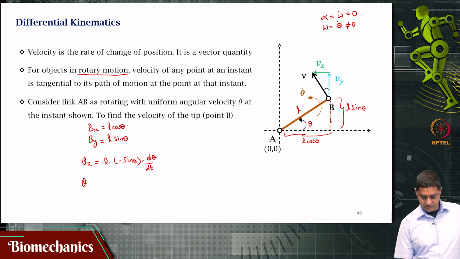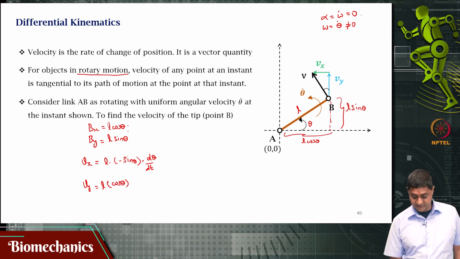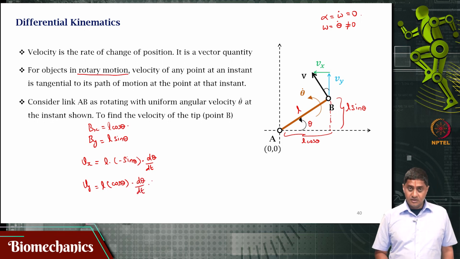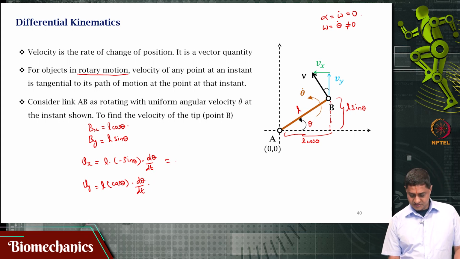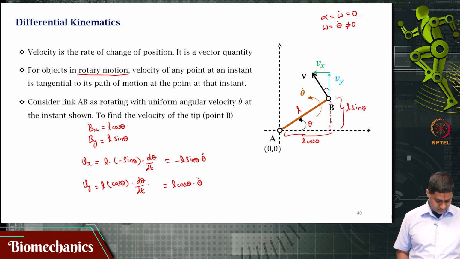That, and Vy is L times cos theta, because differentiation of sin theta is cos theta, times d theta by dt. D theta by dt, we simply use the notation theta dot. So, this is minus L sin theta theta dot, and this is simply L cos theta theta dot, is it not?